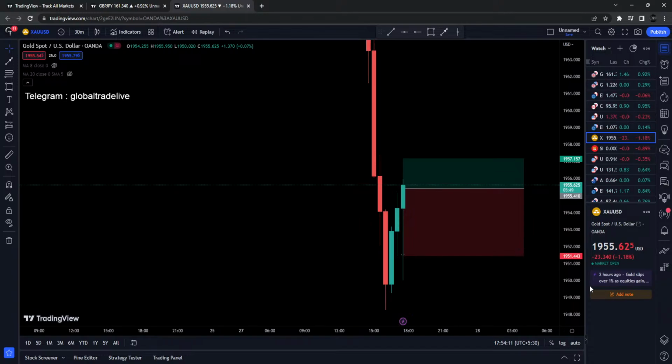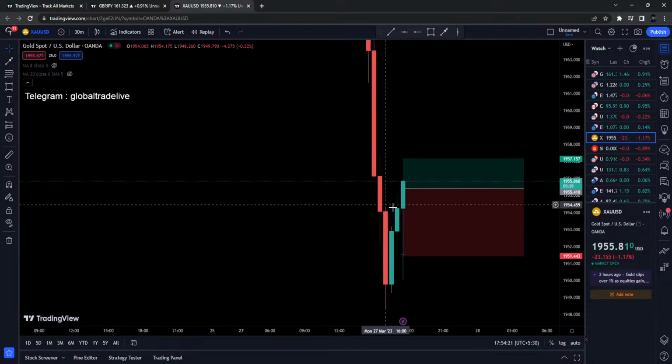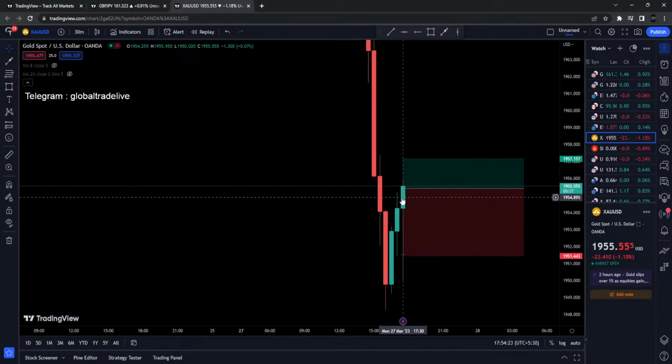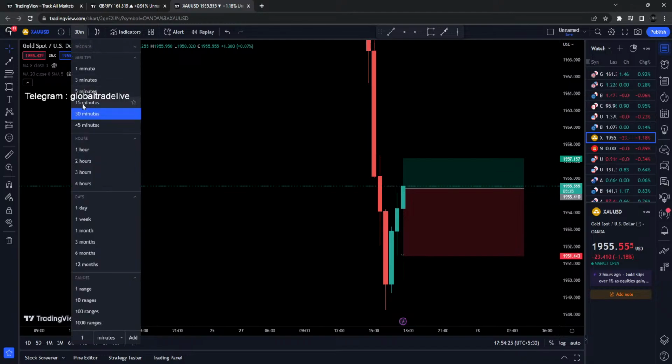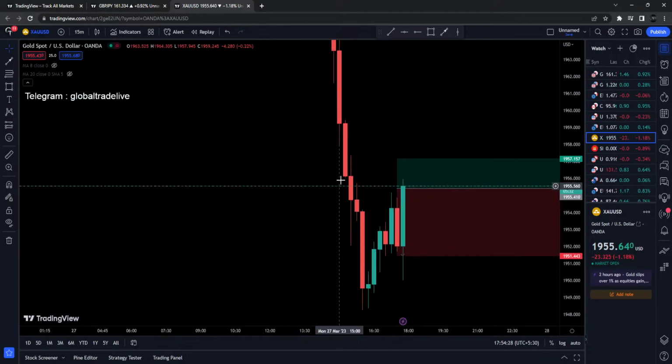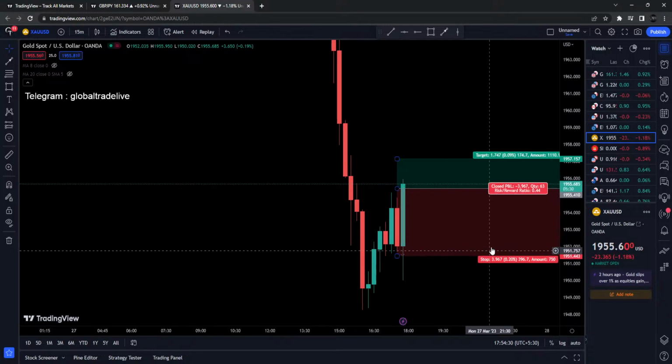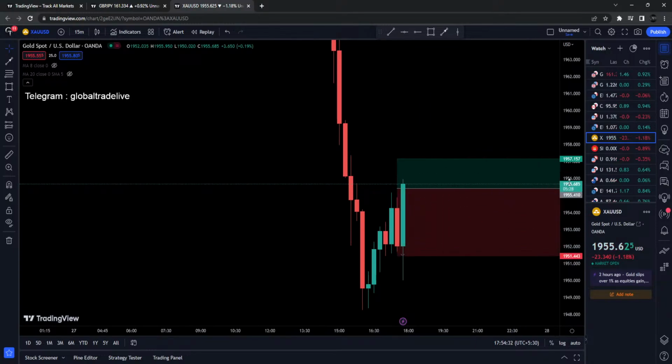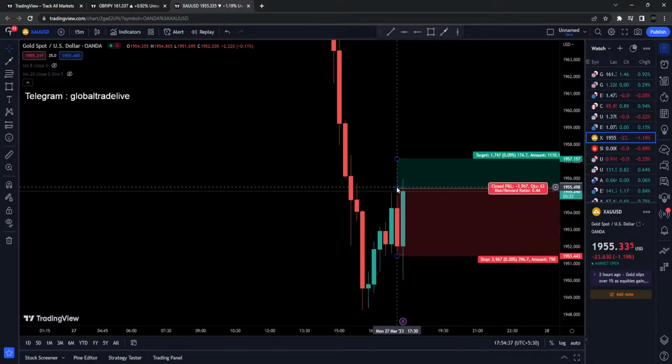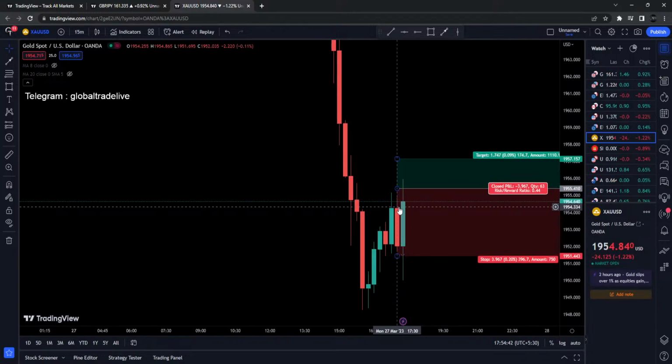Okay, so now I'm gonna keep my trade like this, and in case it starts to reverse back down, I'm gonna close 50% and we'll start to manage the risk. So right now I'm really expecting this candle to move all the way up in the next 5 minutes, but in case this candle comes back below this area of resistance, then I'm gonna close 50%.